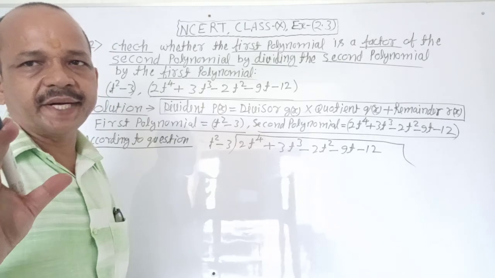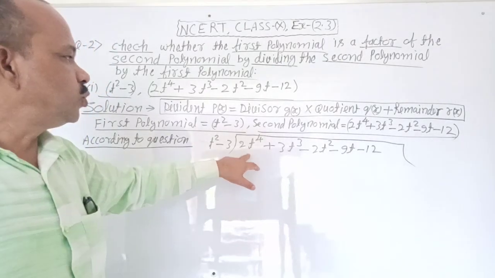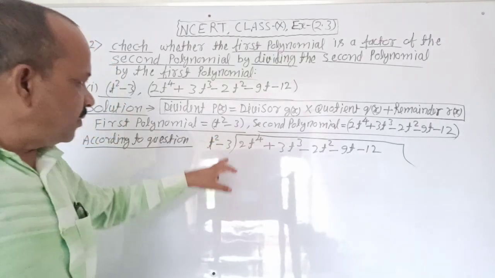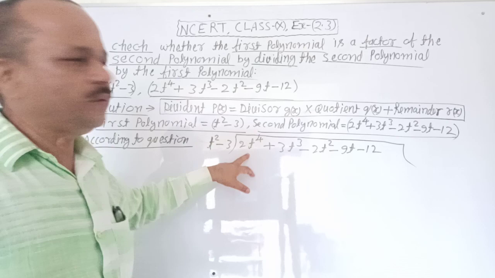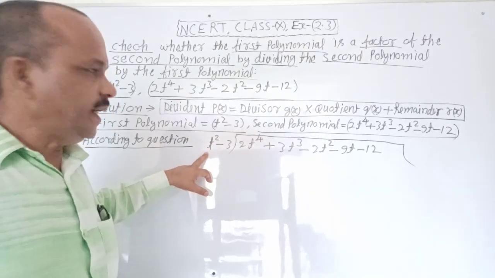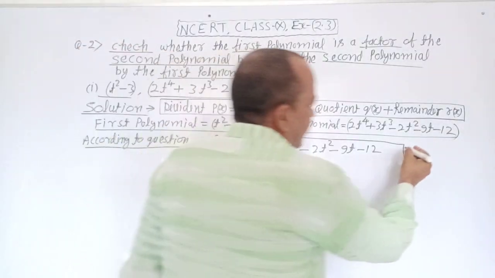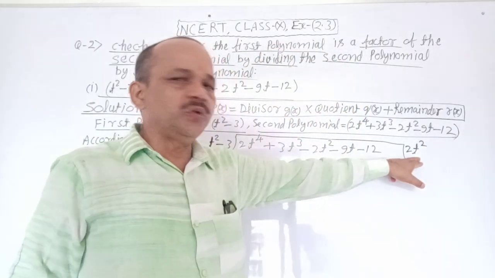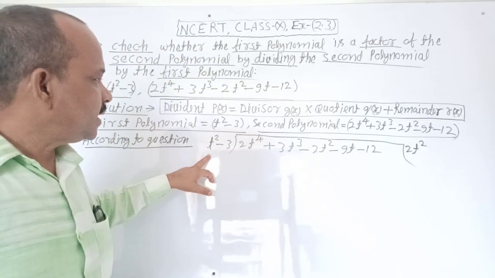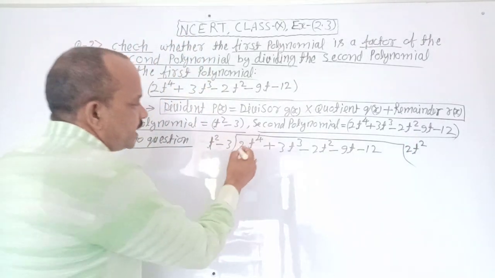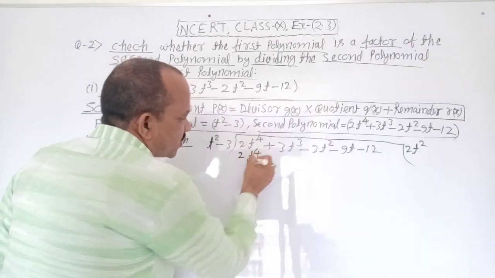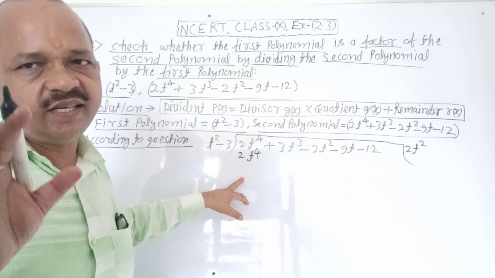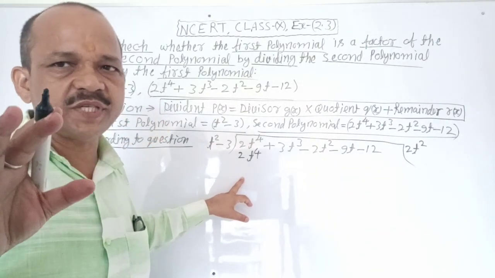Here 2t power 4 and here t square. You divide 2t power 4 by t square and you find 2t square. So you write here 2t square. If you multiply 2t square and t square, it becomes 2t power 4. Both are the same. It means your process is correct. Clear? No confusion about it?